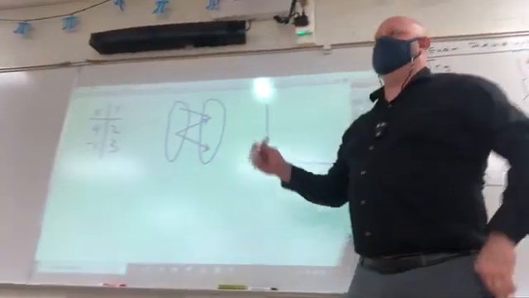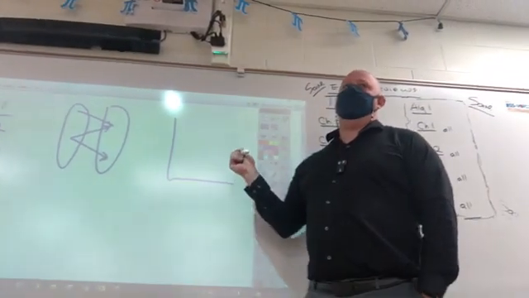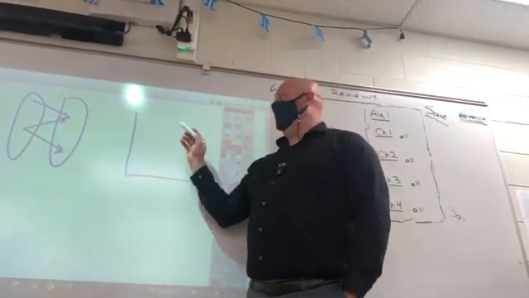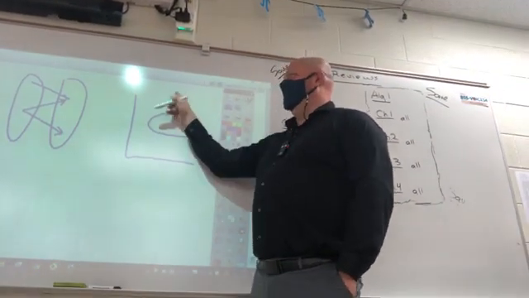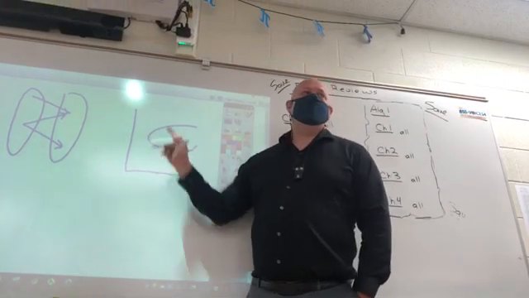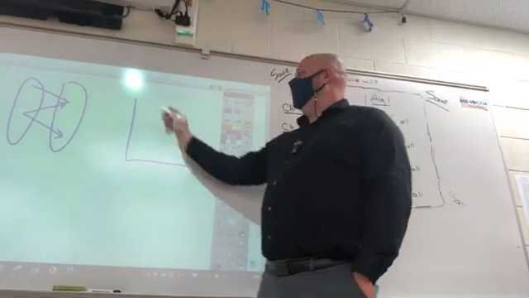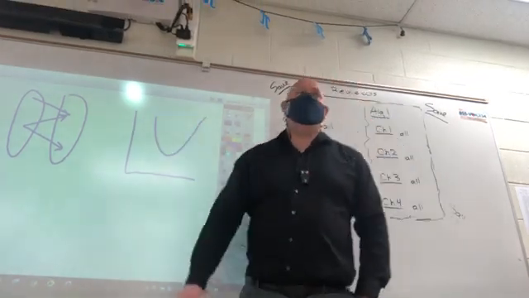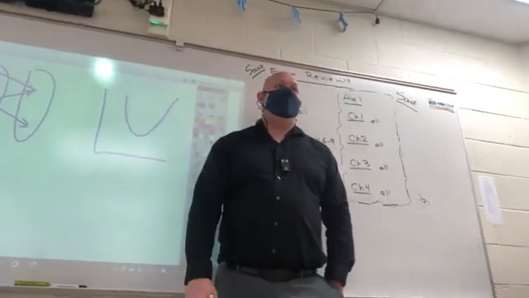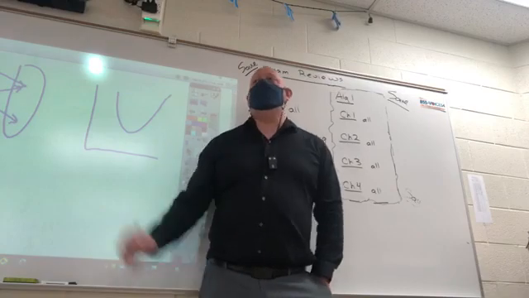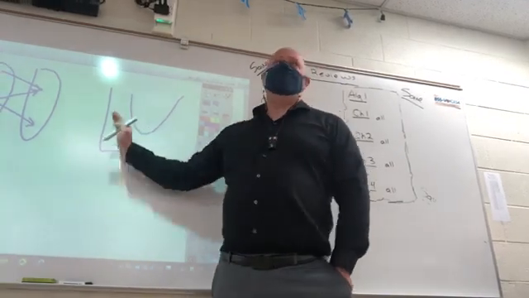How do you tell it's not a function graphically? Vertical line test. That would not be a function because it would fail the vertical line test. What if it looked like this? Yes, that would be a function, because that would pass the vertical line test. Easy?